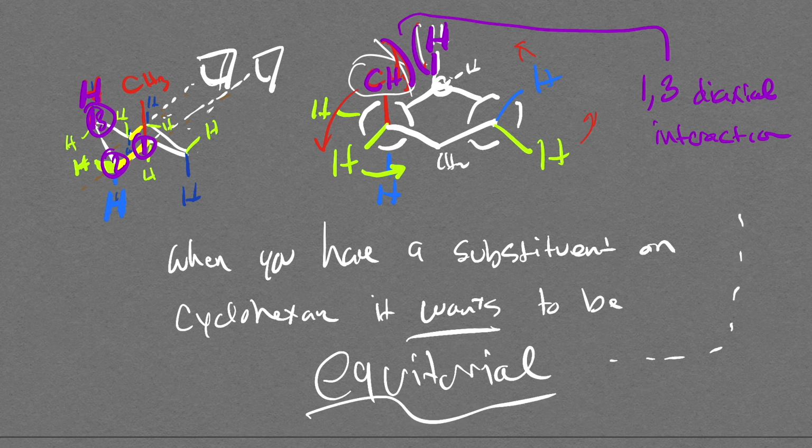Because 1,3 diaxial interactions will drive it that way. Sterics, which is, again, a fancy word for things bumping into each other, demand that it become equatorial, all right? And when it becomes equatorial, then it's not going to bump into anything, right?